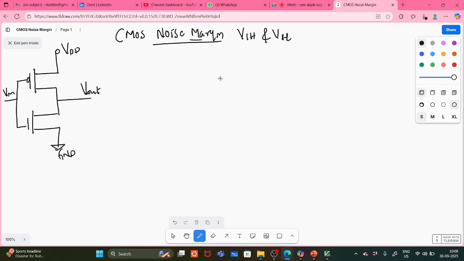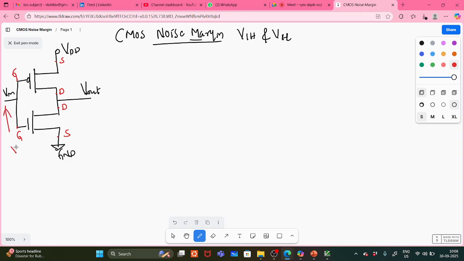And we already saw what this is. This is a gate, source, drain, and gate, and this is source.